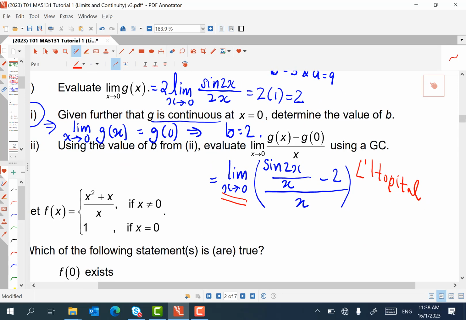What's that? Every time I try to look up answers or working, I always use L'Hopital's.